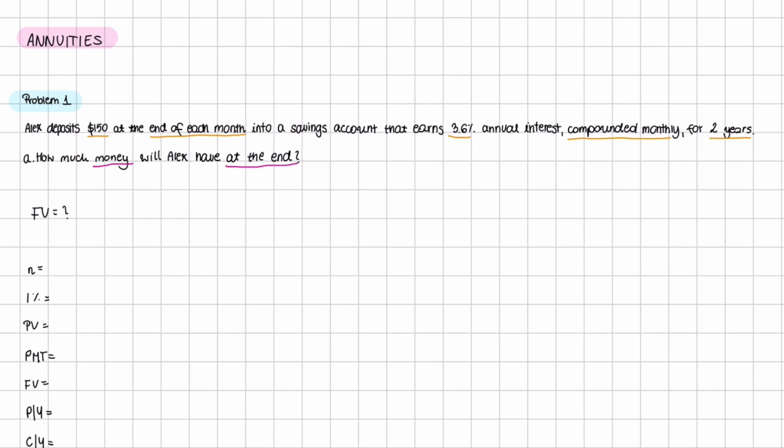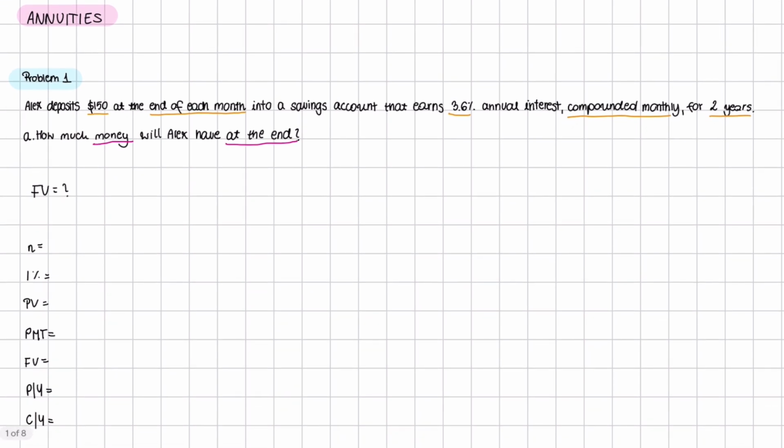If we give our N in years, we have P/Y just one. And if we give our N in months or compounding periods, we have to connect it with P/Y, and C/Y it's just compounding periods. But you will see how it works when we solve our problem 1.